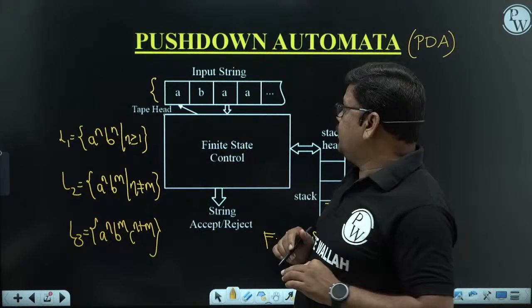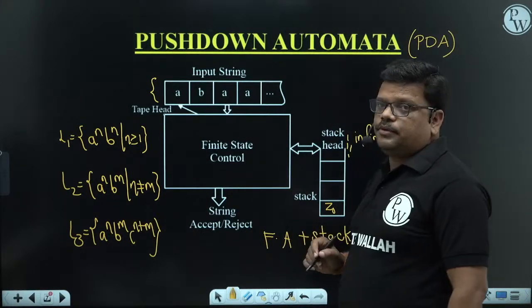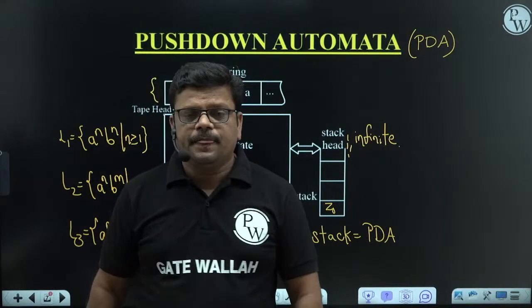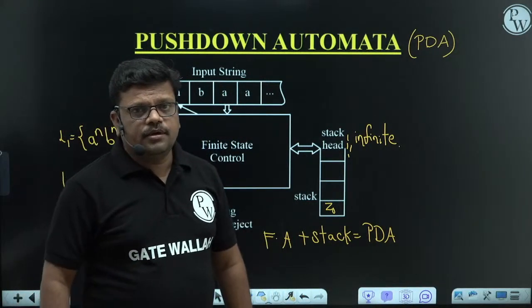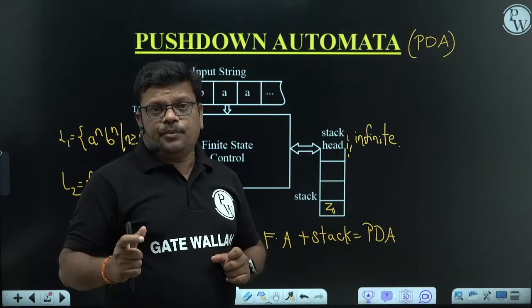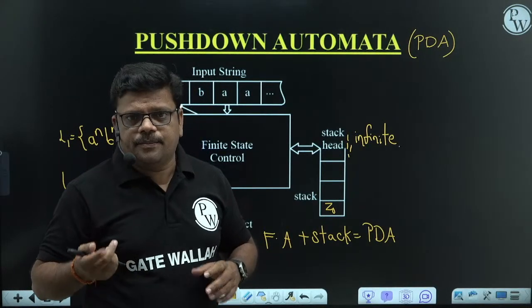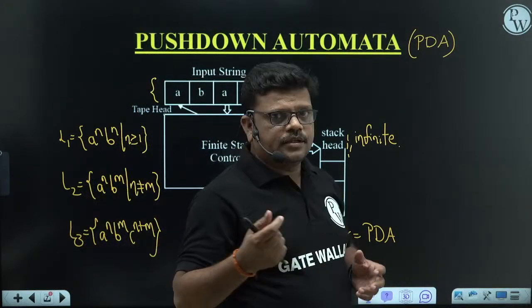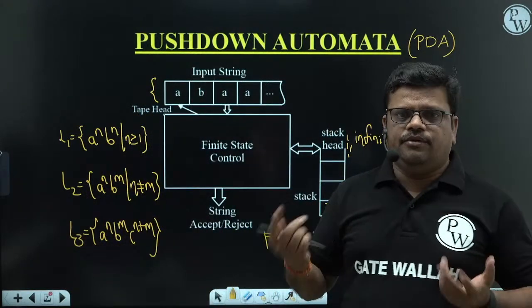That's why we studied the terminology expressive power. Whenever you compare the expressive power of finite automata and pushdown automata, pushdown automata accepts more languages. So the expressive power of pushdown automata is always more than that of finite automata.